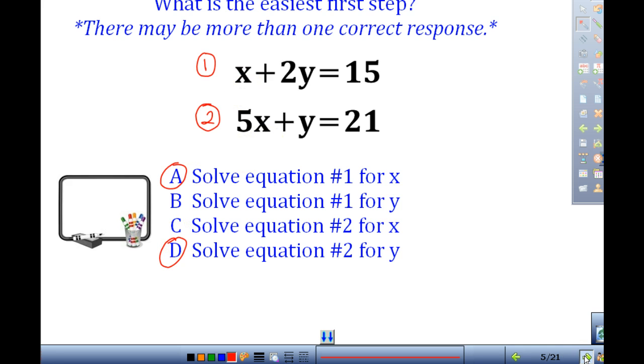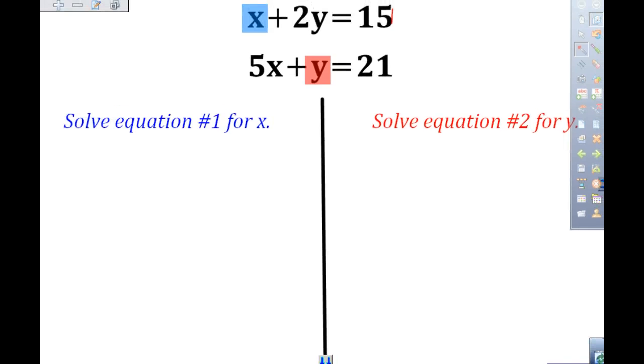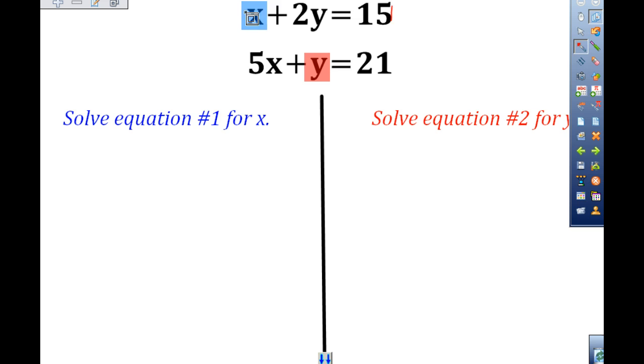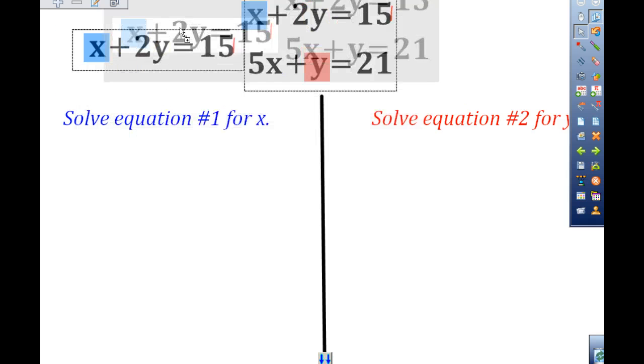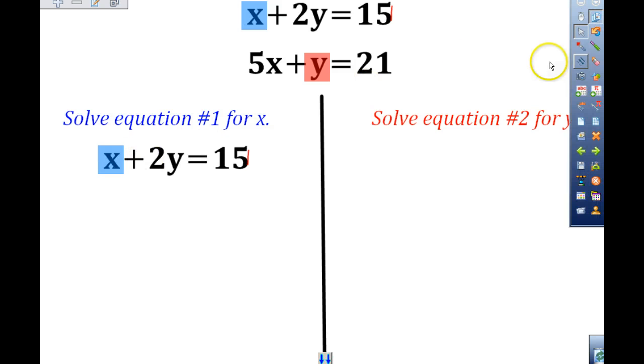And let's just go through and show how that works. Try to get this window bigger. There we go. So you guys could probably just picture this in your head. Okay, now. There we go. But yeah, if I want to get x by itself, the only thing I'd have to do is subtract 2y on both sides.